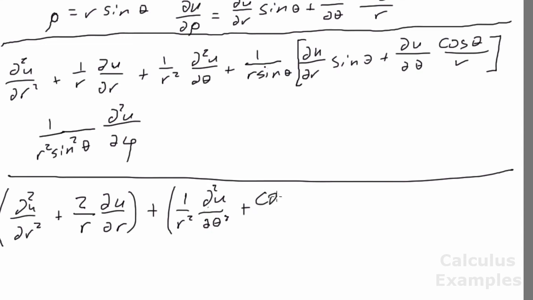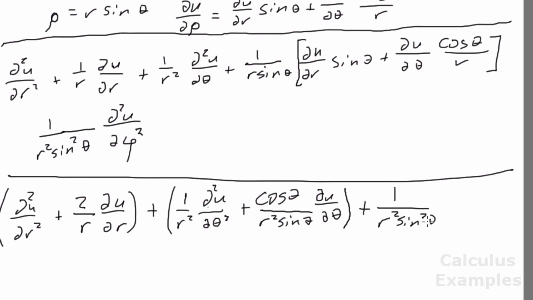So cosine theta over r squared sine theta, partial of u with respect to theta. And those are all our theta containing partial derivative terms. And lastly, we'll find the terms that contain phi, right? Which terms contain phi? That's this last term. It's 1 over r squared sine squared theta, second partial of u with respect to phi.